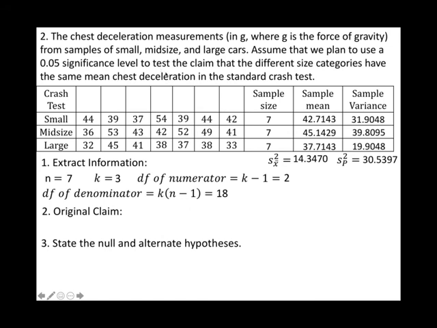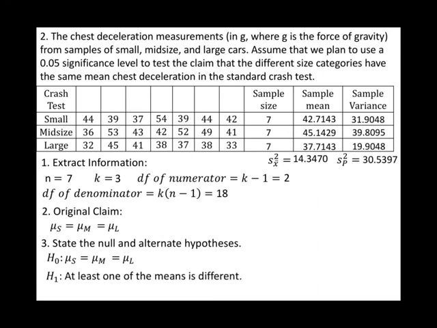Okay, original claim. Test the claim that the different size categories have the same mean. Okay, they're going to be equal to each other. So I have the mean of the small equal to the mean of the mid-size equal to the mean of the large. That's the null hypothesis. Null hypothesis is always equal. Alternate hypothesis, at least one of the means is different.